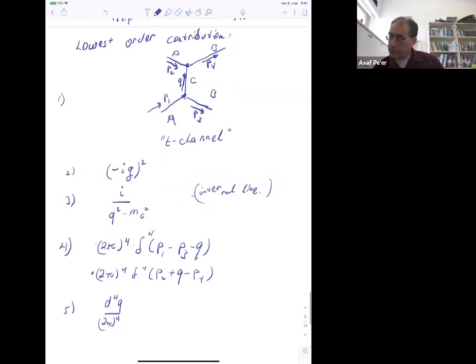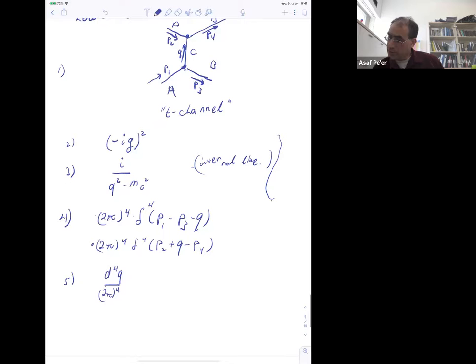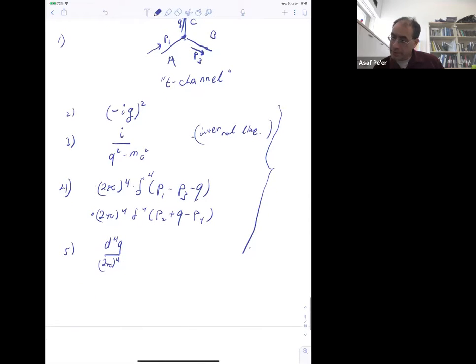So if we combine all these together, we get a minus i, minus from here, i from here. The 2 pi and 2 pi to the 4 cancel, so we are left with 2 pi to the 4. Then we have g squared.